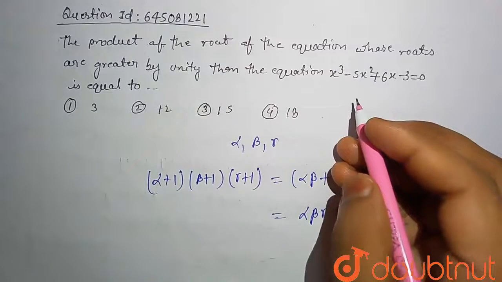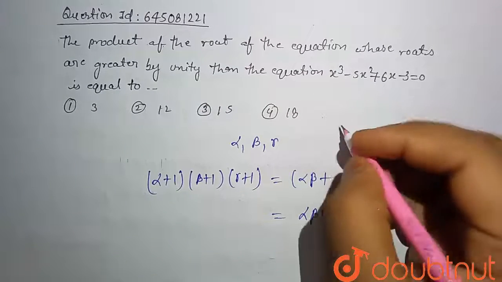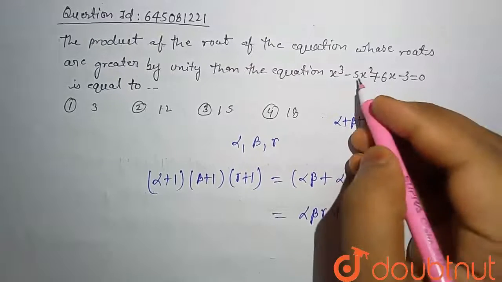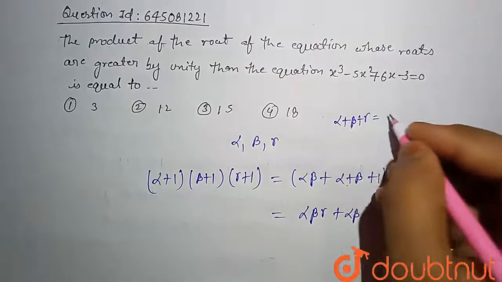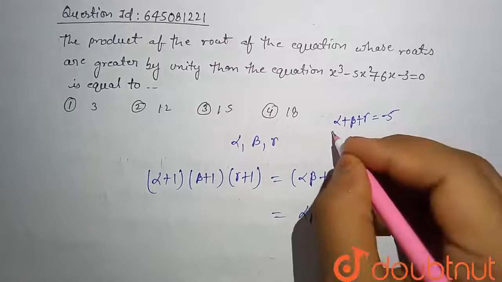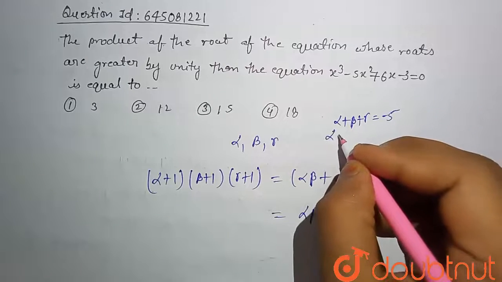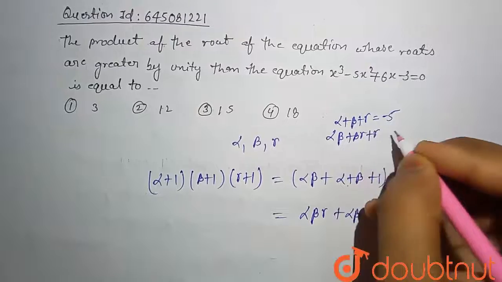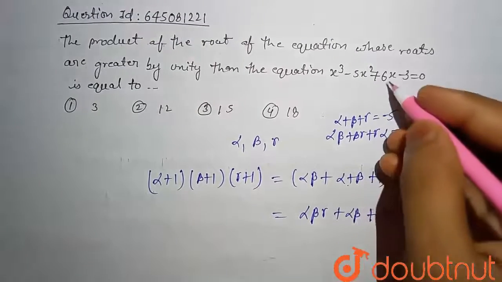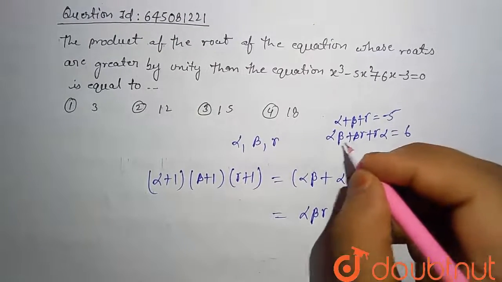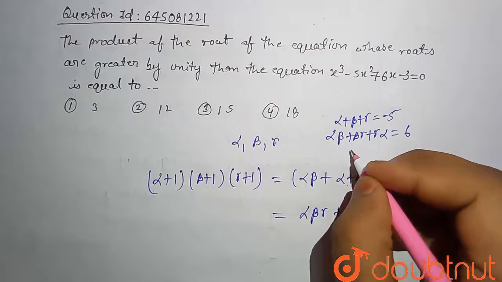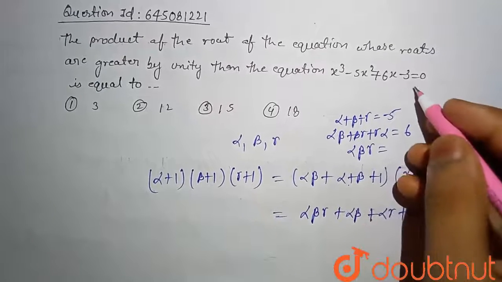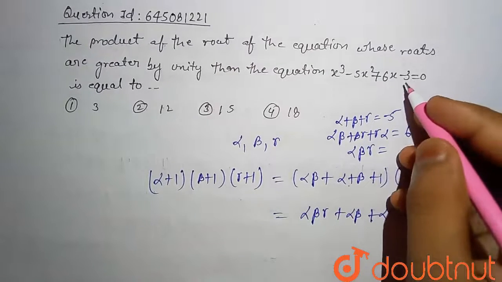Here in our equation, alpha plus beta plus gamma is equal to minus b by a, here minus of minus 5, and the sum of products of roots two at a time, alpha beta plus beta gamma plus gamma alpha, equals 6, and the product of the 3 roots, alpha beta gamma, equals minus d by a, which is 3.